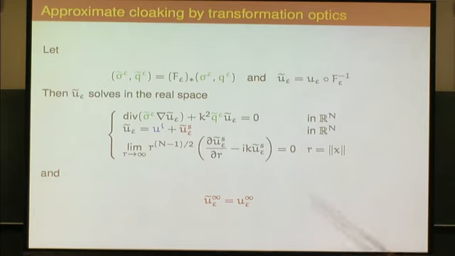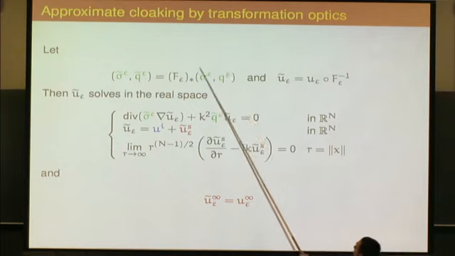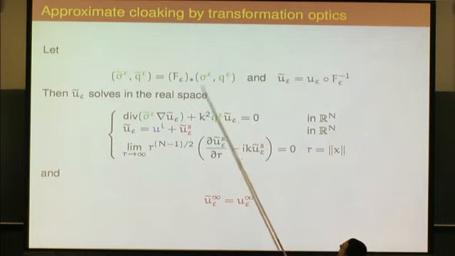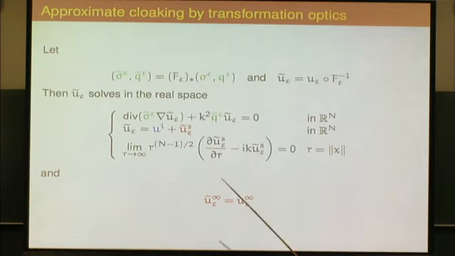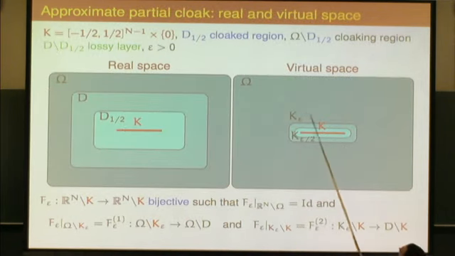So this is sigma epsilon and q epsilon, exactly the same coefficients that I used before in the virtual space. So I'm going back. This is going to be the Helmholtz equation outside k epsilon.